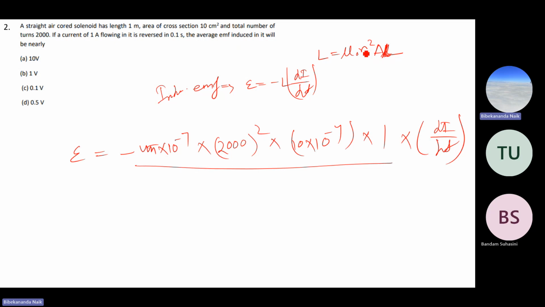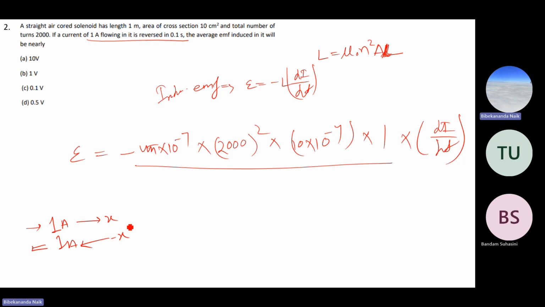Now it is given here that the current of 1 ampere flowing in it is reversed in 0.1 second. The current reversing means initially it was 1 ampere, and the direction was changed, so then it is again 1 ampere. So 1 ampere current was flowing in the plus x direction, but in 0.1 second the current started flowing in the minus x direction.